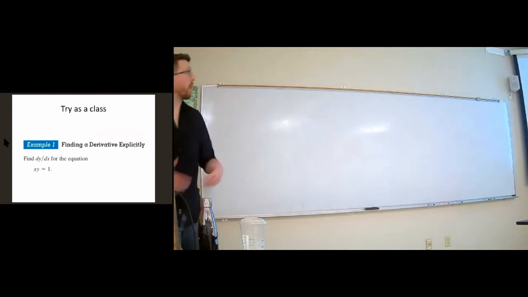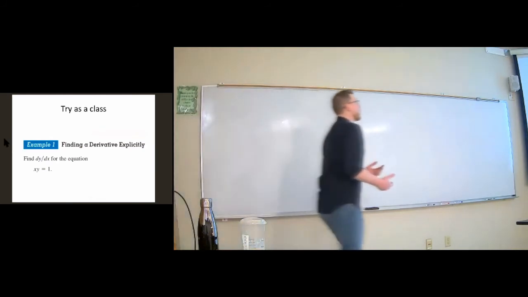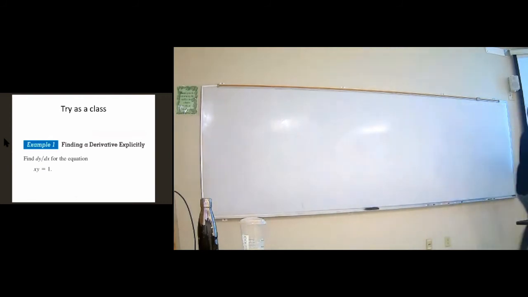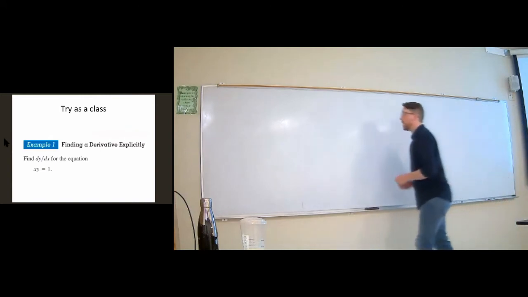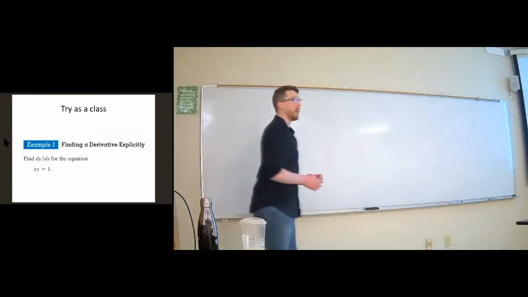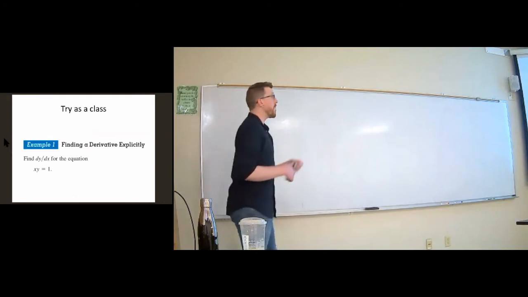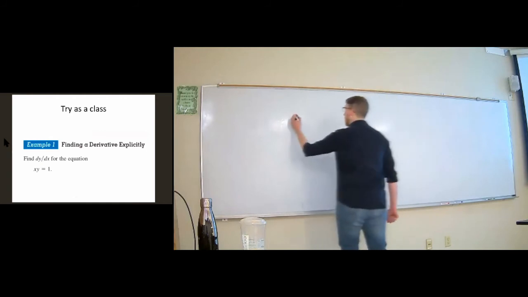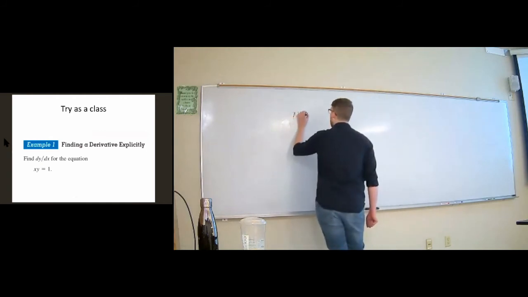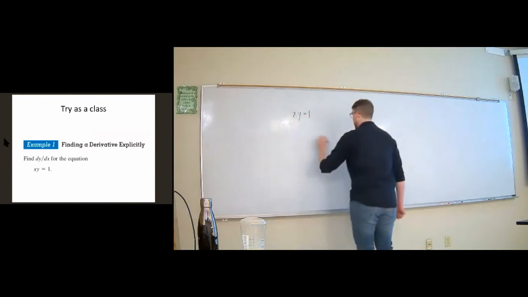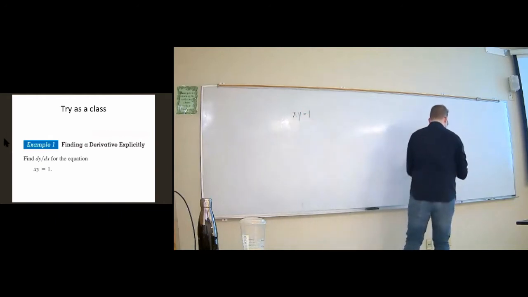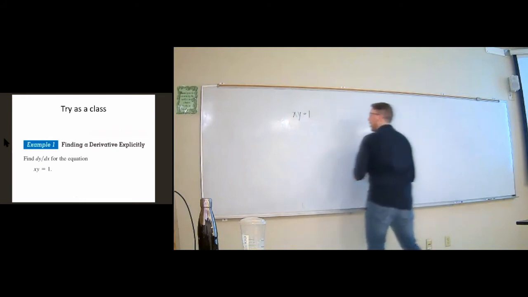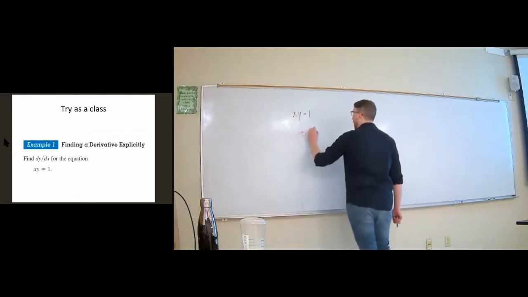So as an example of an explicit derivative, we've got this function, x times y is equal to 1. We're going to find an explicit derivative, but first we're going to find the explicit function. x times y is equal to 1, this tells us that y is equal to 1 over x.